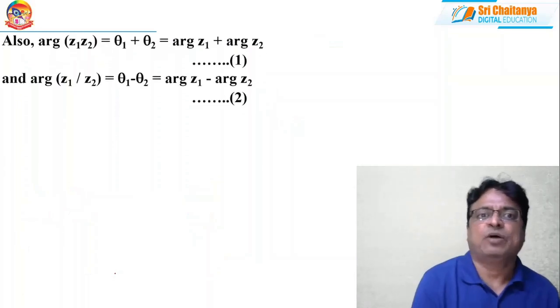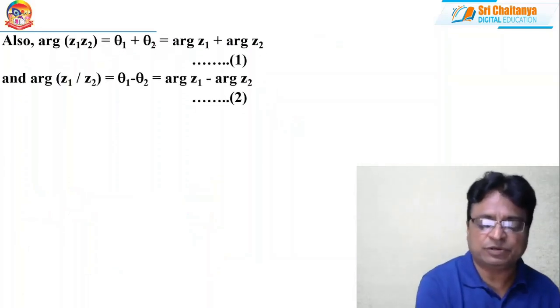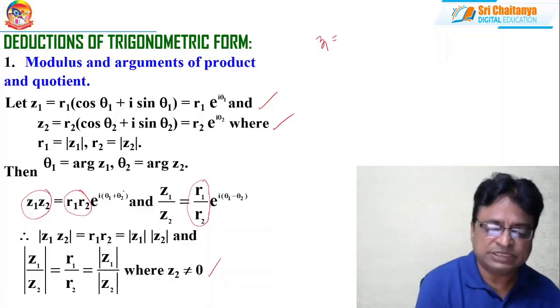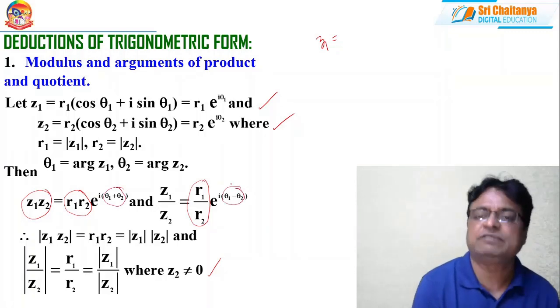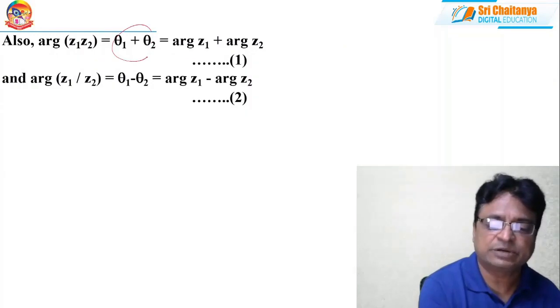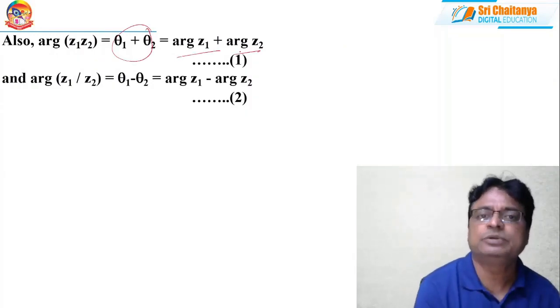Okay. Now, the argument of Z1 Z2 is equal to theta 1 plus theta 2, because this is the argument of Z1 Z2, and this is the argument of Z1 by Z2. So the argument of Z1 Z2 is equal to theta 1 plus theta 2, which is arg Z1 plus arg Z2. This is also another important formula you have to practice.